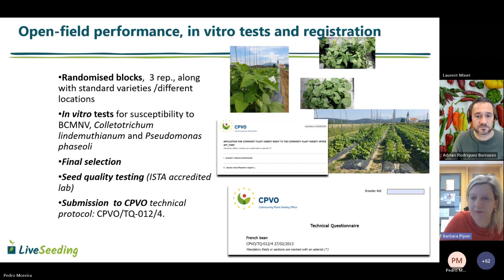After that, we get the results from those observations and tests and see if the variety is then registered and protected by CPVO. It is protected under the European Union, and then also listed in the national list of varieties and the European catalog of varieties. This is a special procedure for common bean and for other species, where all the data should be available and concentrated in the same submission paper.